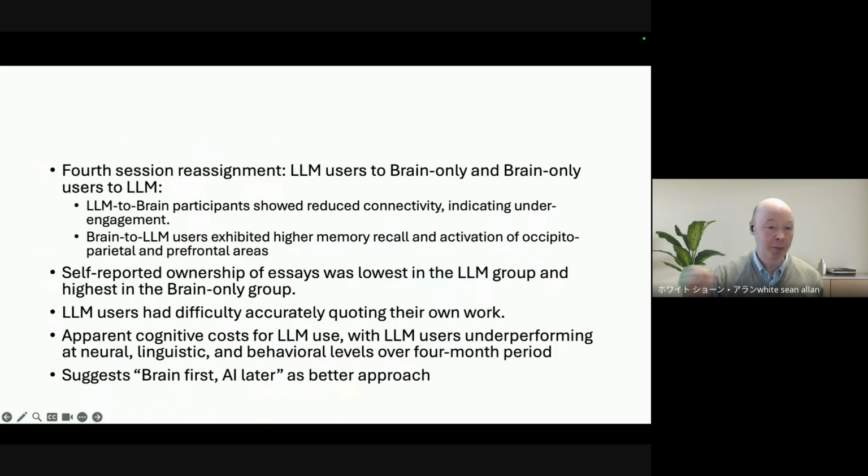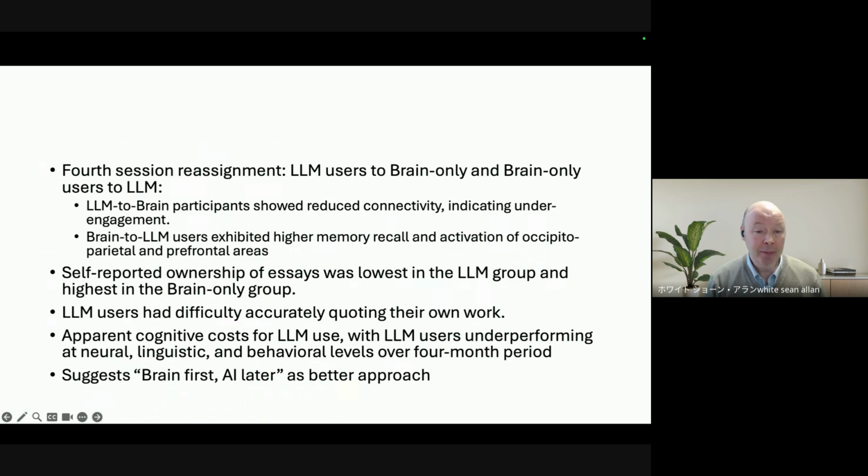But the opposite, brain-to-LLM users, exhibited higher memory recall and activation of the occipital and prefrontal areas. So the idea is that by making that initial effort and then using the technology to enhance, that appeared to promote higher memory recall and activation of certain areas of the brain.